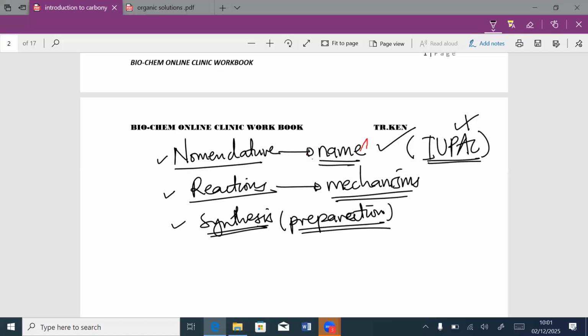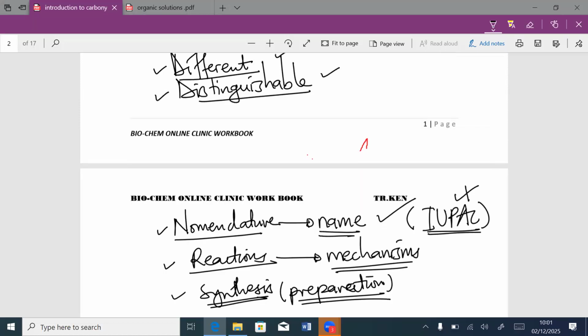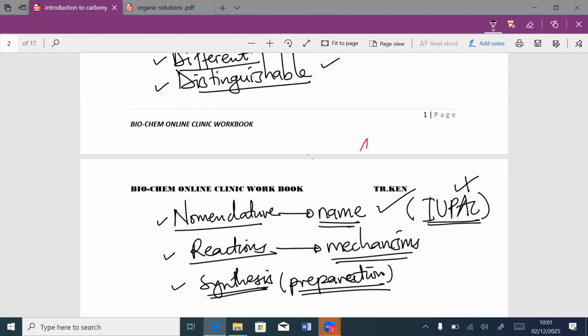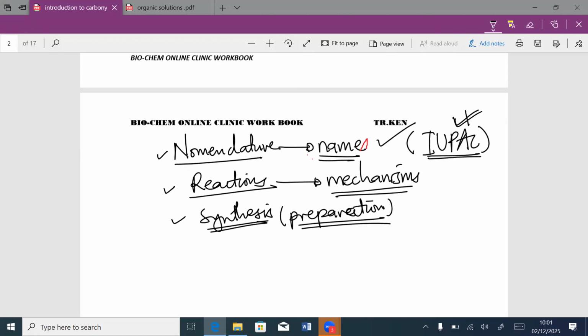In other words, the IUPAC system is actually standard. Everybody all over the globe, if this is called propanol, everybody either in China, either in Finland will call that compound propanol. That is why we have IUPAC there. Instead of us having a system whereby Ugandans are calling this compound one thing, in Tanzania it's different, in America it's different.